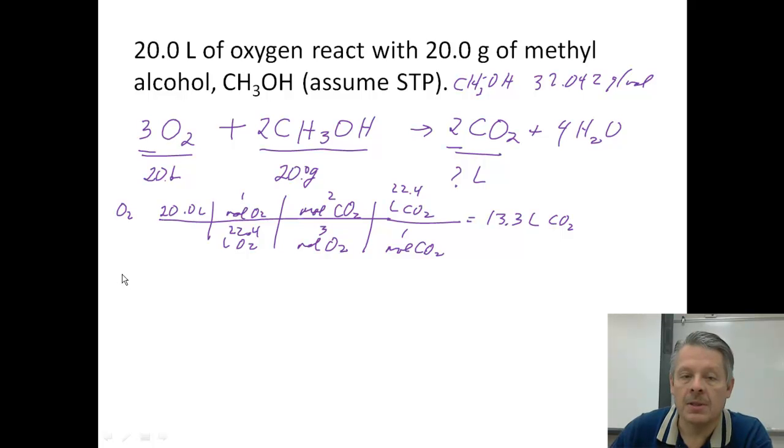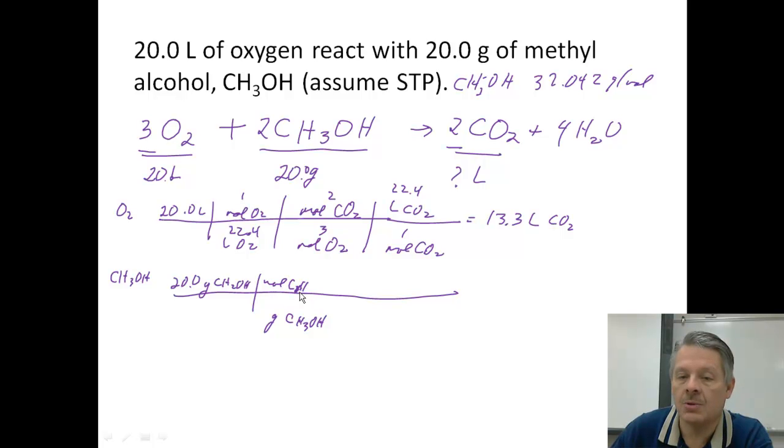So let's try methyl alcohol, CH3OH, and we start with 20.0 grams. Right? Notice we're not with liters here, we're with grams. The reason for that is methyl alcohol is a liquid at room temperature. And we are going to convert from grams of CH3OH to moles of CH3OH.